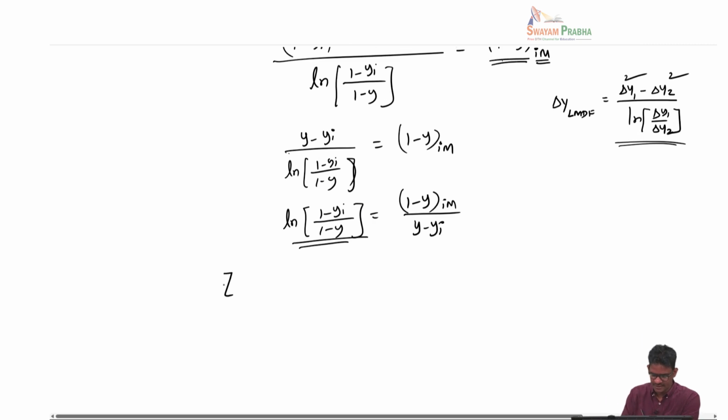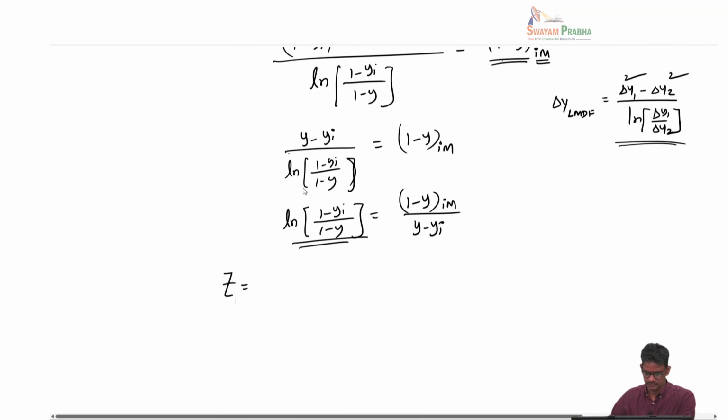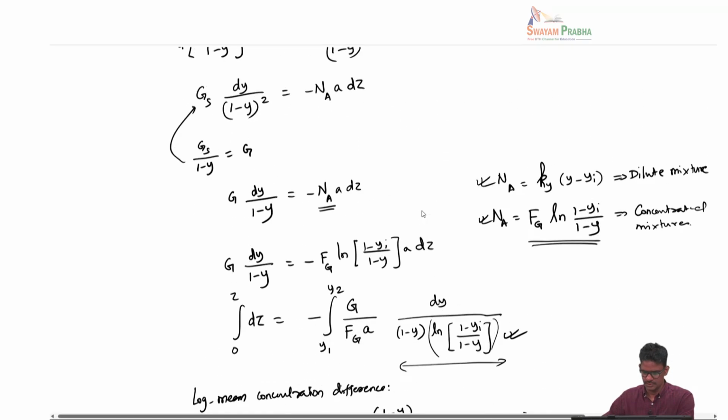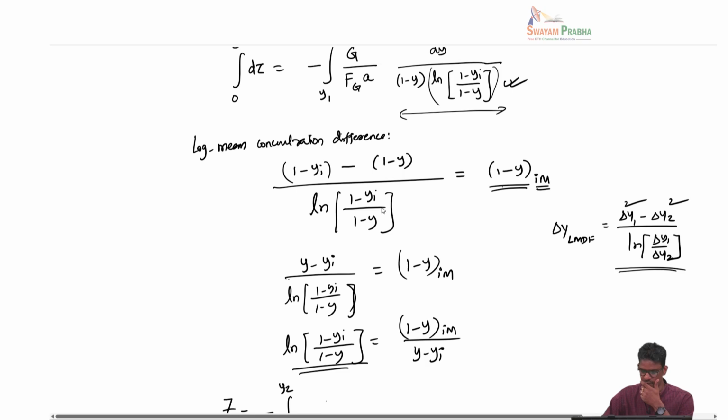So on the left hand side we have z, and then we have the integral, minus, y1 to y2, G by FGa. I still have a minus sign. Which point are you talking about?